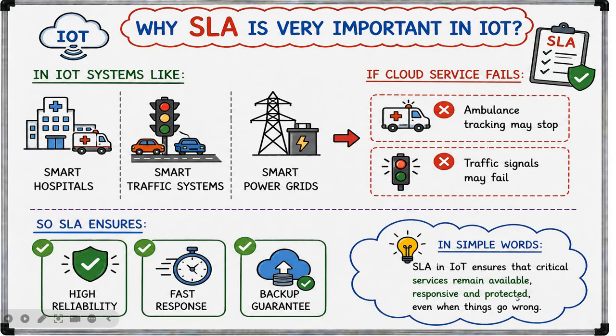Therefore, the SLA is very important in IoT because it prevents system failure in critical applications. It ensures reliability and safety, supports real-time operations, and protects against data loss and downtime. So the SLA in IoT ensures critical services remain available, responsive, and protected even when things go wrong.